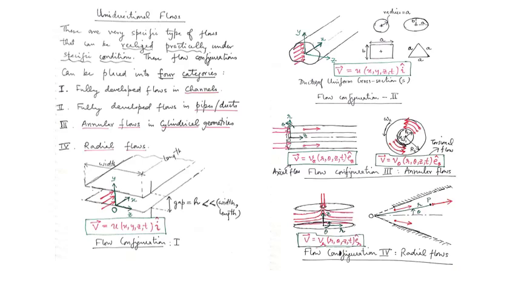There are some specific flow configurations, and I have placed them again into 4 categories. There can be a large number of configurations, but you can group them into 4 categories. This grouping enables us to analyze each one of them through a common procedure. This helps in the analysis because, for example, in category 2, we are dealing with fully developed flows in pipes and ducts.